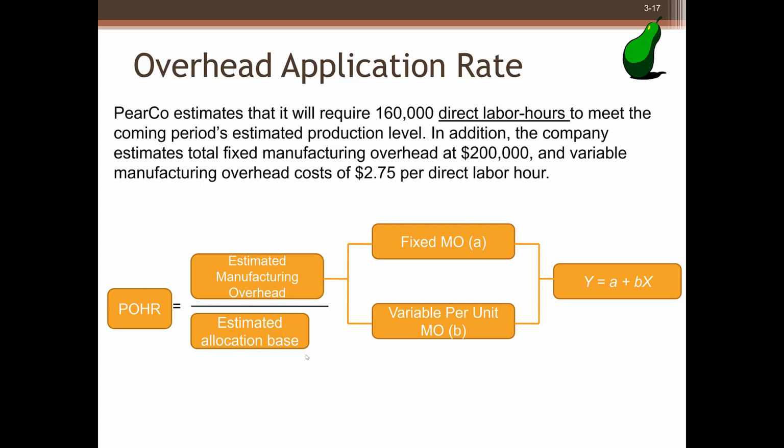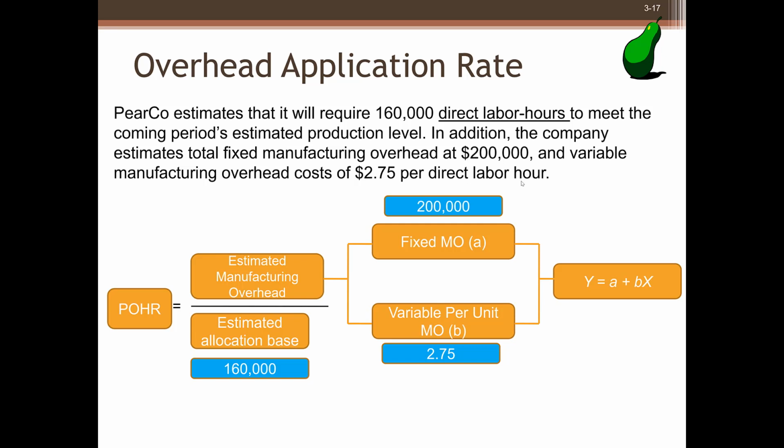First, we estimate total allocation base, 160,000. Step 2, we figure out fixed manufacturer overhead, 200,000, and variable manufacturer overhead per unit, $2.75 per direct labor hour.